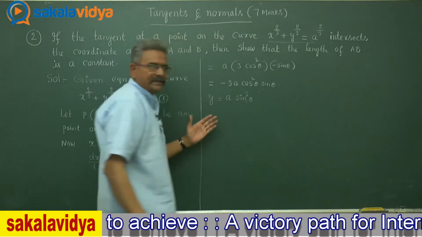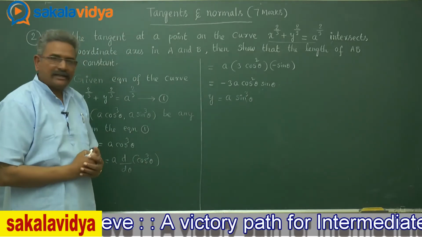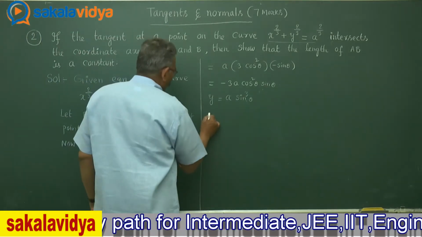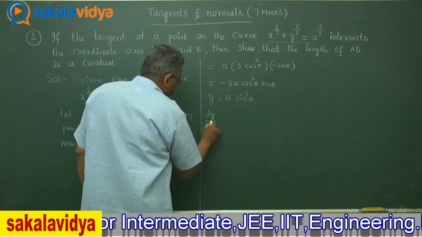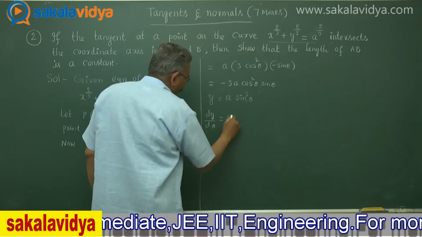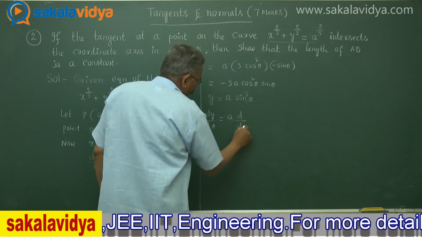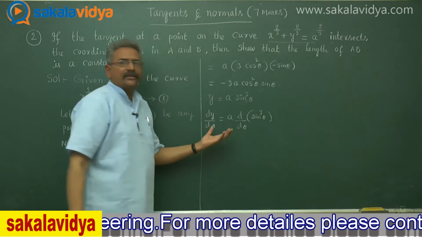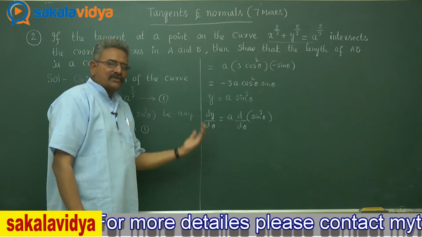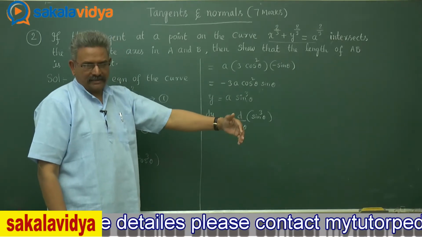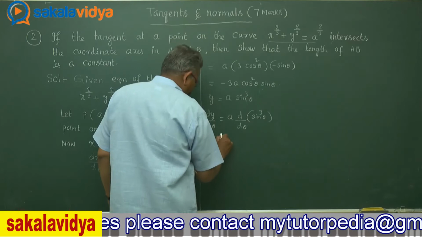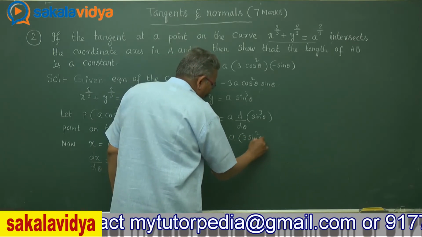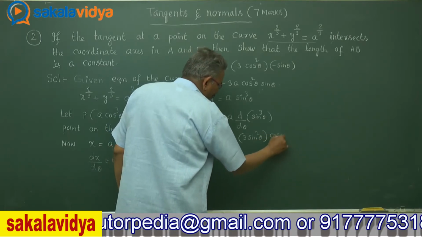In the similar manner, let it be differentiated with respect to theta. dy/dθ = a times d/dθ of sin³θ. Now the differentiation of sin³θ is 3 sin²θ, and the derivative of sin θ is cos θ.